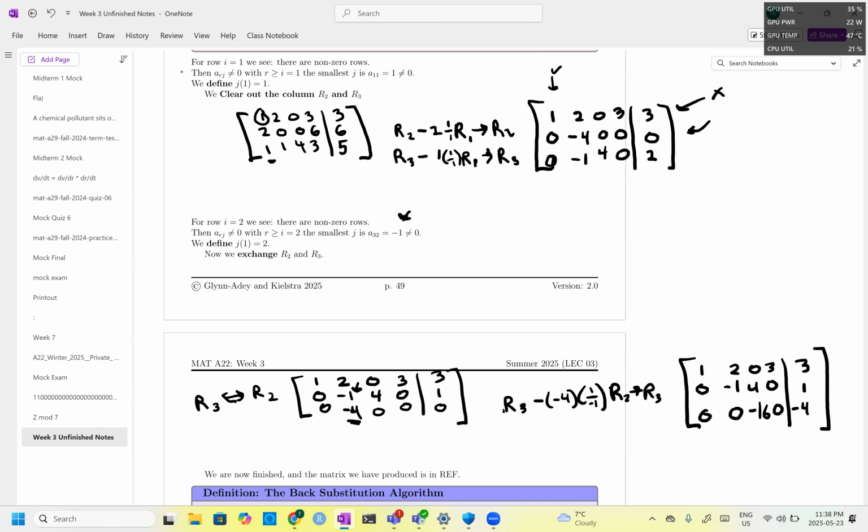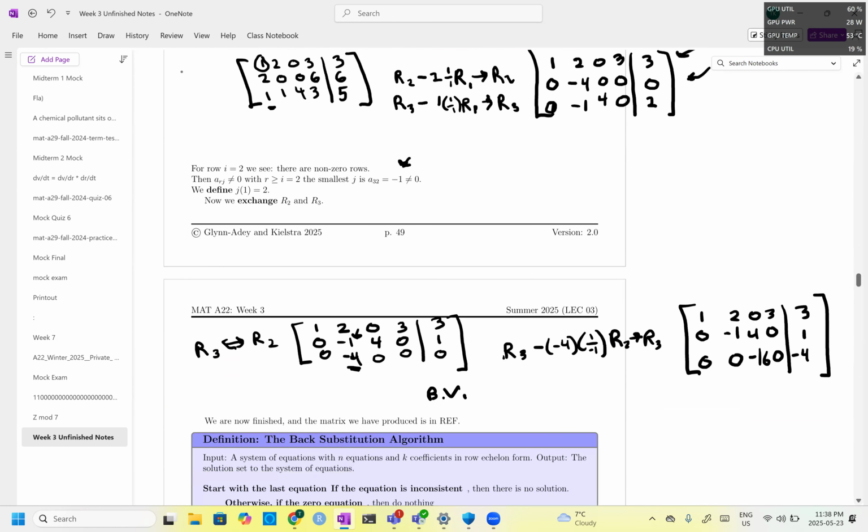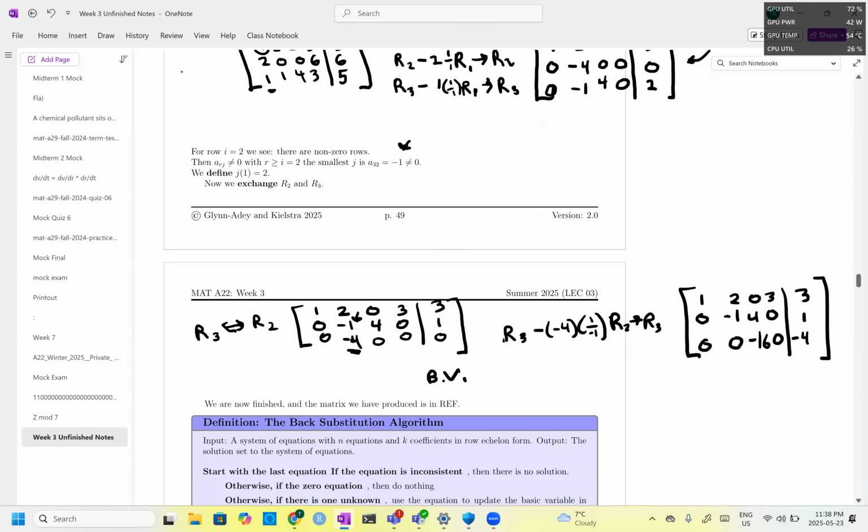And this here is our row echelon form. We are in row echelon form. My basic variables, if I look at my original system, I haven't defined the basic variables. So the basic variables are going to be my first entry, second entry, and third entry.